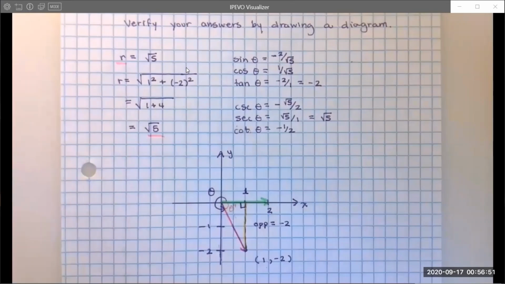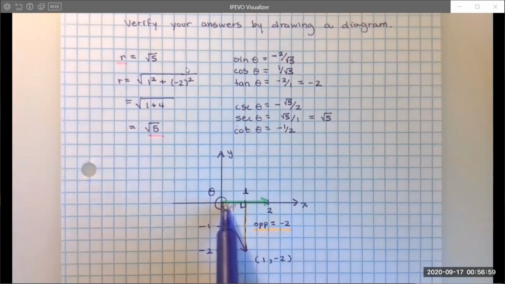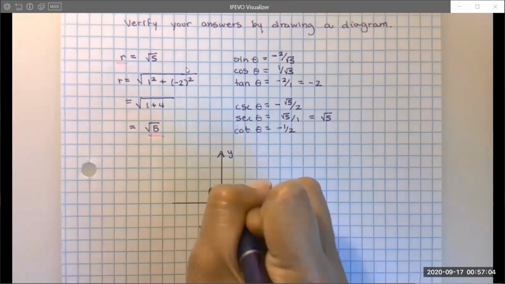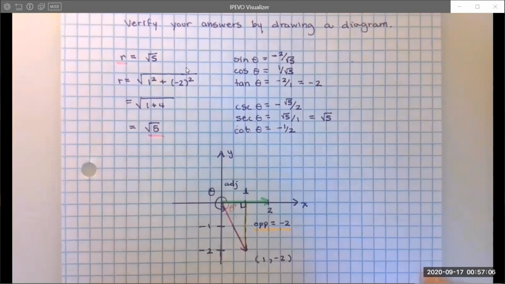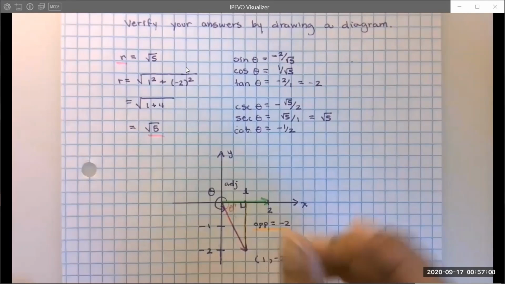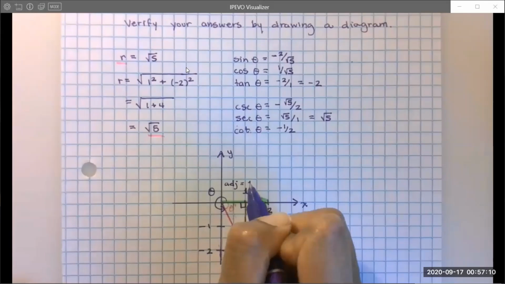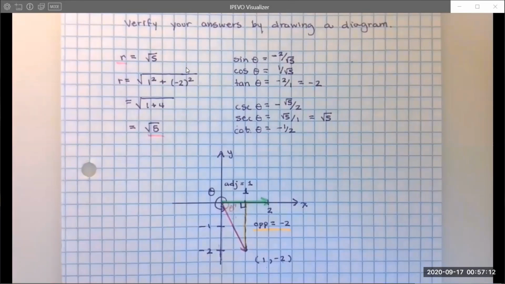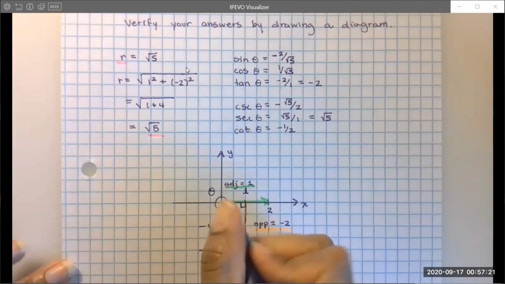We're taking that from the y coordinate, since it goes down. Then the adjacent side would be here along the x-axis. What would be the measure of the adjacent side? 1, good. And then the hypotenuse we found by applying the Pythagorean theorem. That was square root of 5.